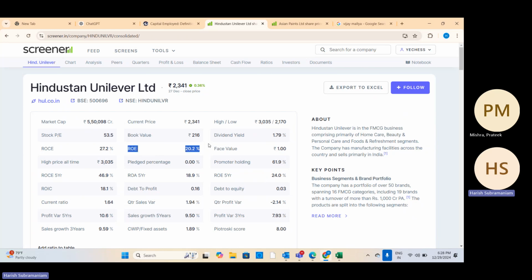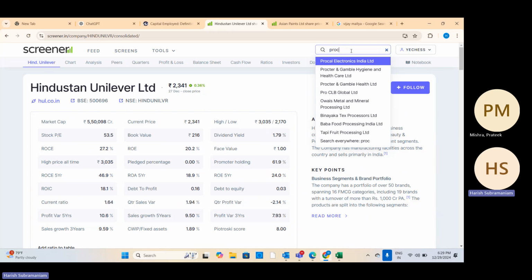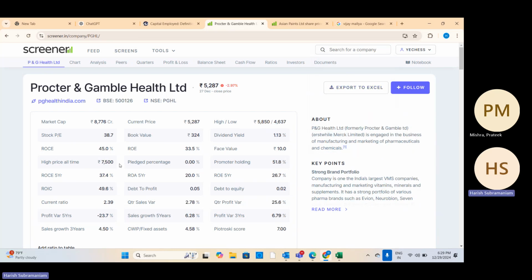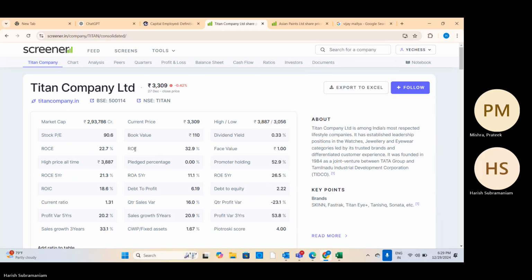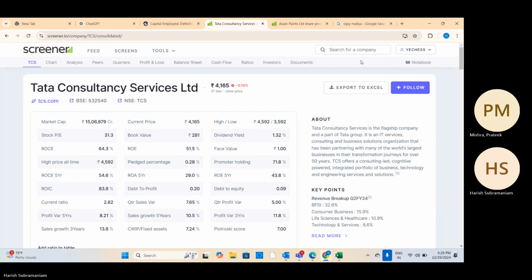We see HUL has a return on equity of 20. Let's go to Procter & Gamble. Procter & Gamble has an ROE of over 30. Titan has an ROE of over 30. TCS has an ROE of over 50.